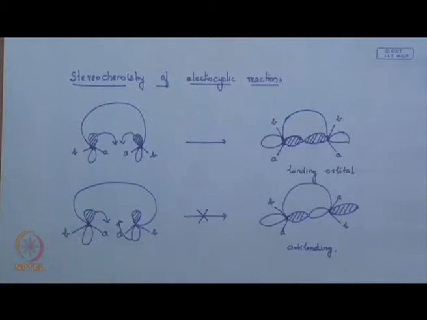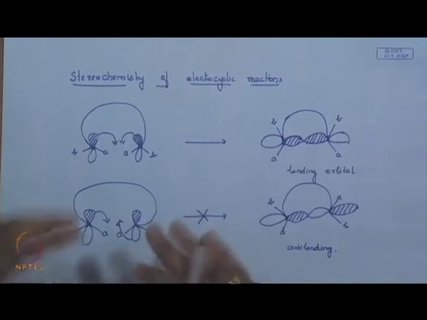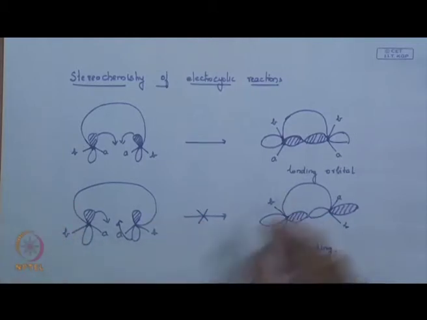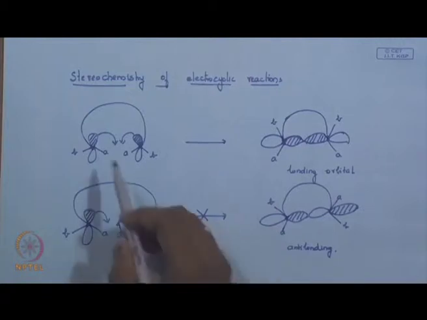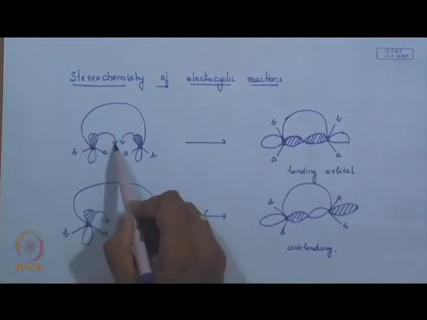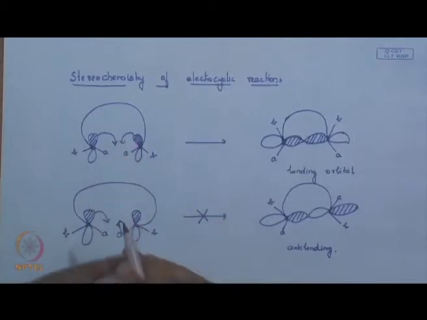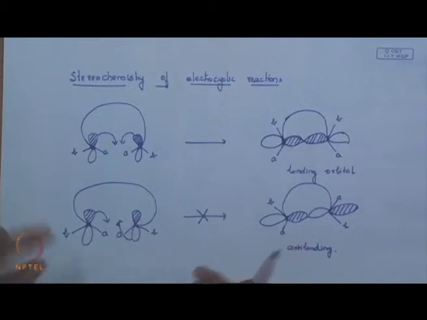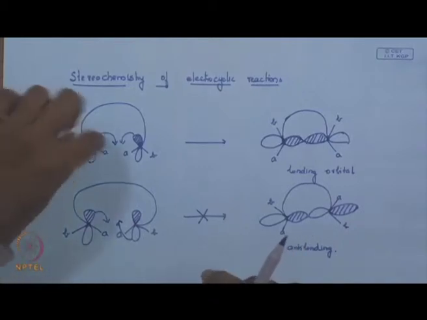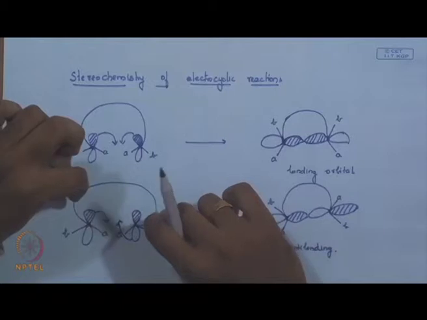Now, look at the direction in which I have rotated this orbital to give me a bonding interaction. See what direction it is? It is clockwise. This one is anti-clockwise. So, you have here two types of movement: one is clockwise, another is anti-clockwise.